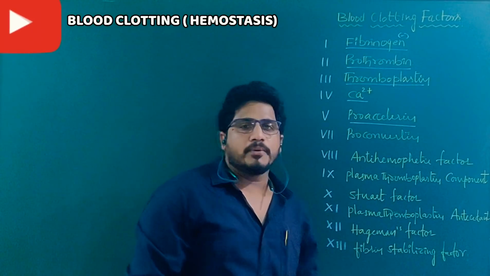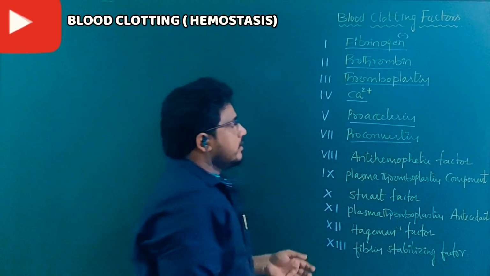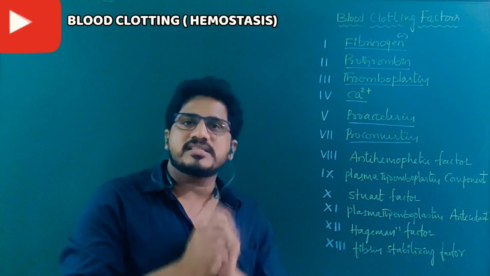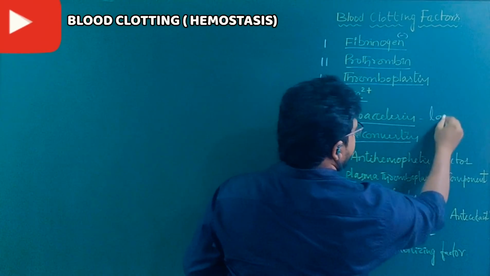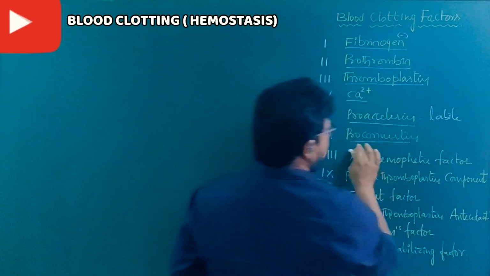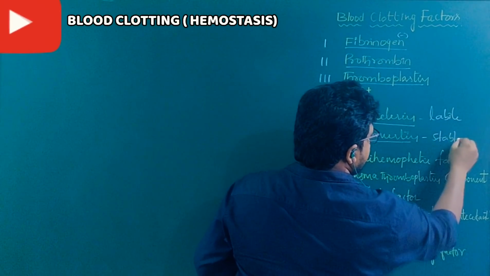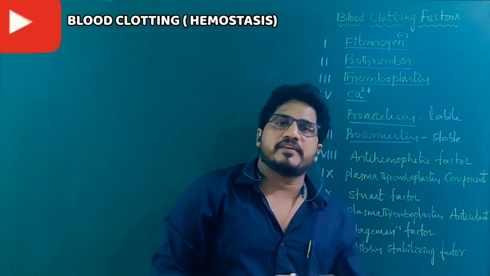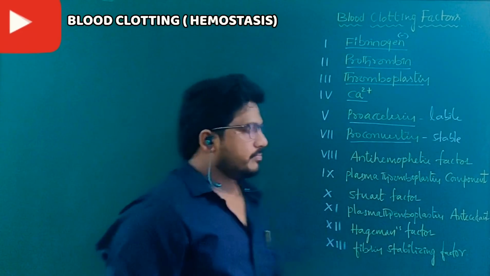Next are proaccelerin and proconvertin. These are accessory factors. Proaccelerin is the labile factor and proconvertin is the stable factor. To accelerate the reactions and to maintain the stability of components required for blood clotting, these two are cofactors.